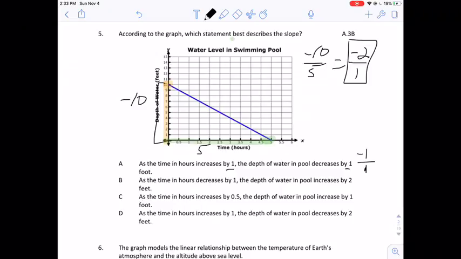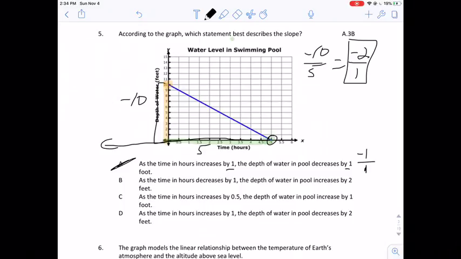So this is -1 over 1, which is not the slope that I have. Let's try the next one. A is not the answer. As time in hours decreases, hold on, time in hours decreases, so am I going to be moving backwards in time? I don't think you can do that.